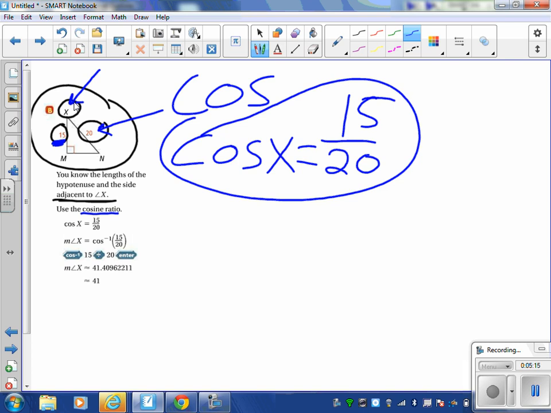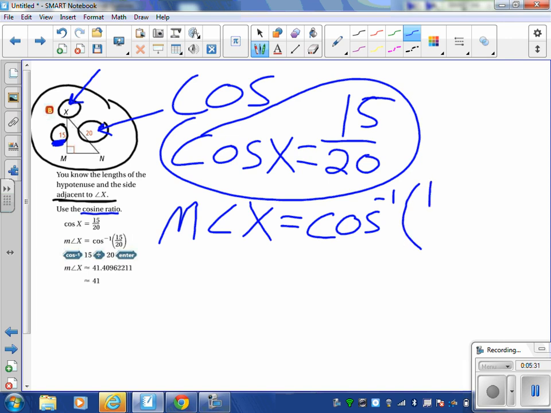So I'm going to set that equal to cosine to the -1 power times 15 over 20.